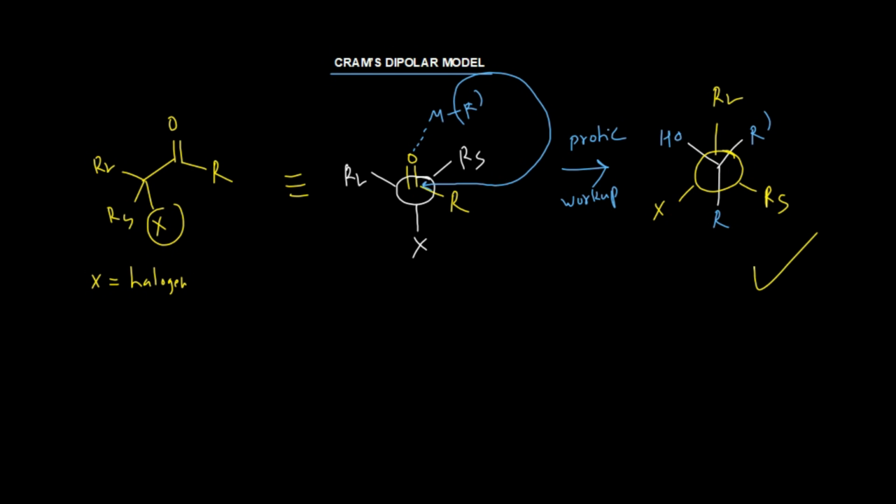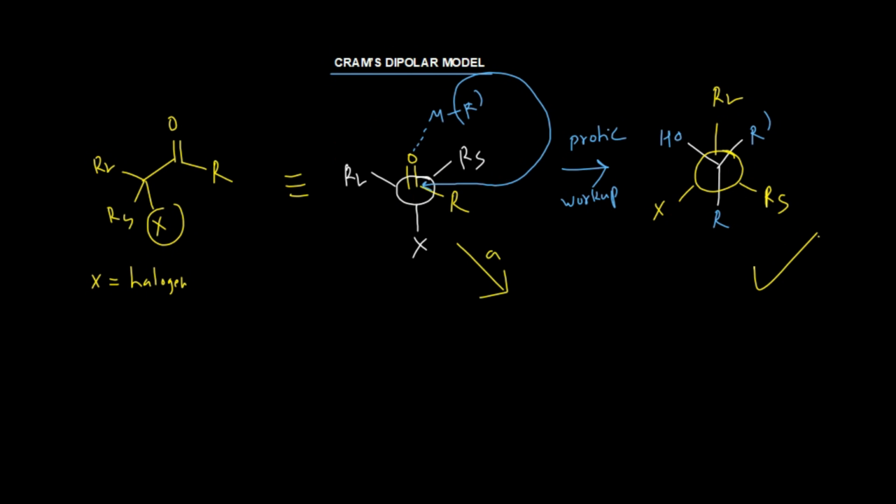Again, this is one of the isomers, but if you want, you can draw the minor one also. Your R' will come here and OH will come here. I can draw the second pathway as well.